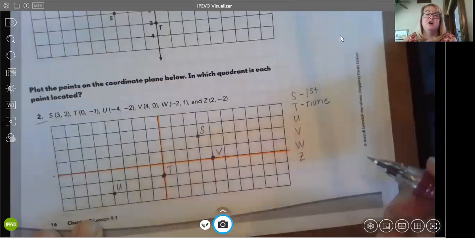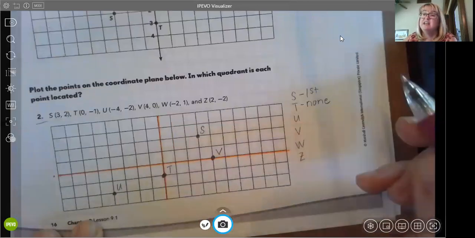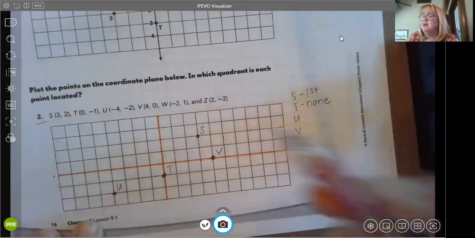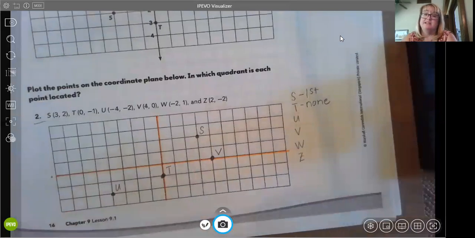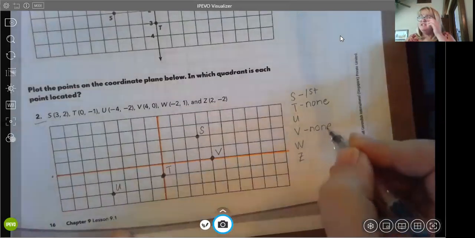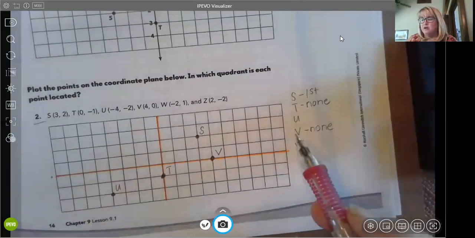It is actually on which axis? It's on the y-axis. Okay, do you see another point that is not in a quadrant? Very good. V is not in a quadrant. All right. So T and V are not in the quadrants.